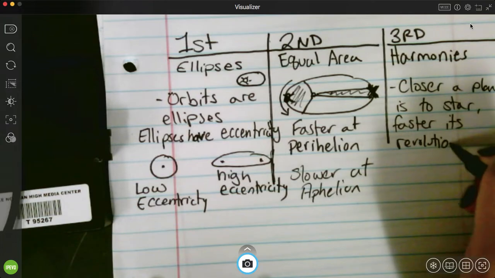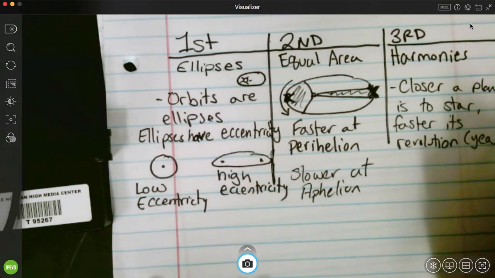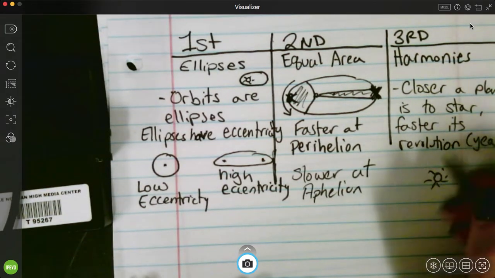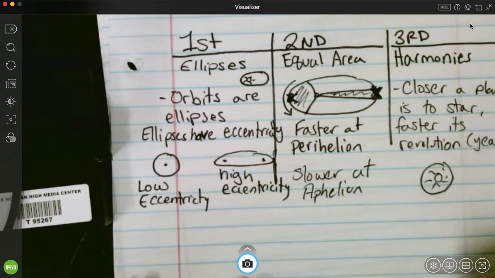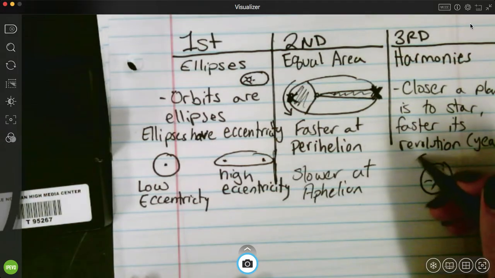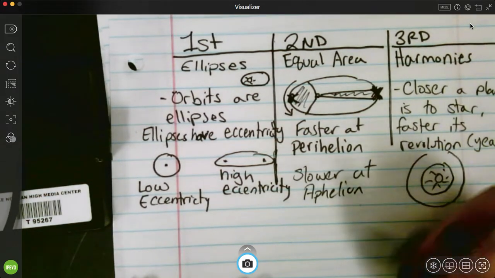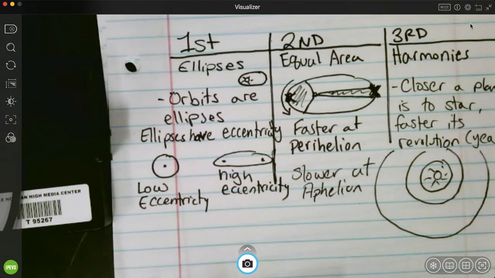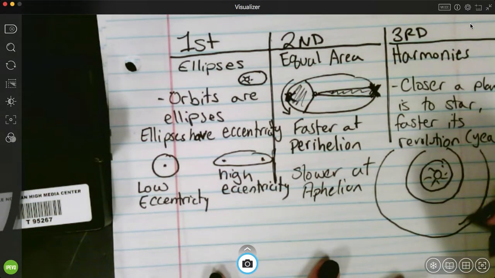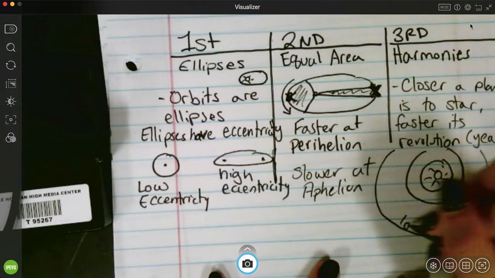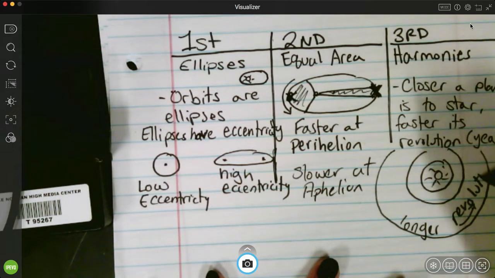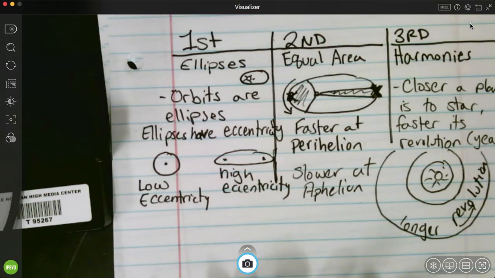Remember, revolution is a fancy way to say a year. So if here's my sun, this planet will take the shortest amount of time. This planet will take a little bit longer. A planet way out here is going to be even longer. So I'll write that down here. Longer revolution. And those are Kepler's laws in a nutshell.